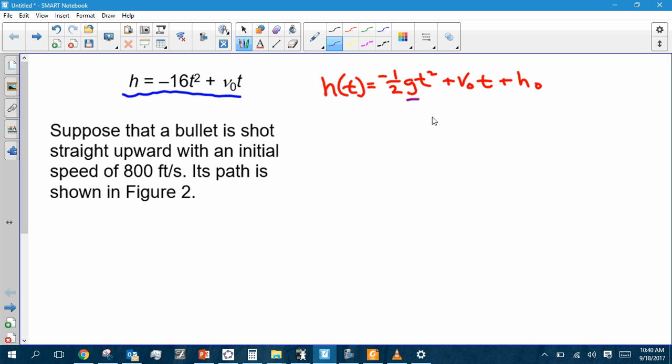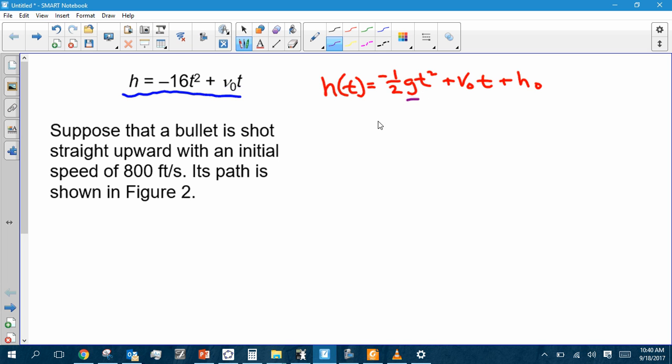In a calculus class, the derivative of a position is speed, and the derivative of speed is acceleration. So acceleration is wrapped in with position here.